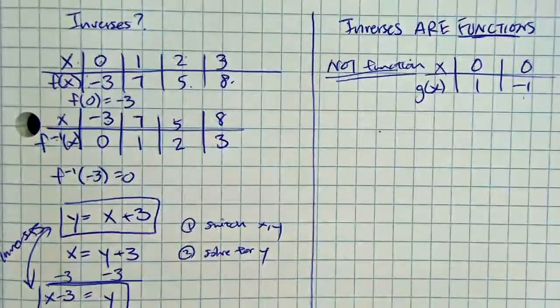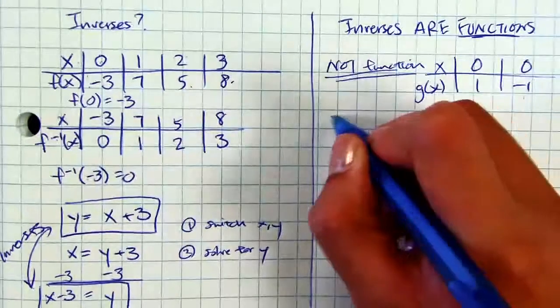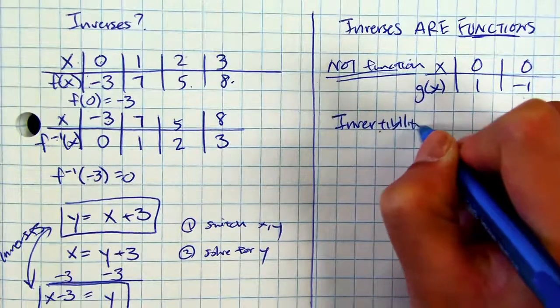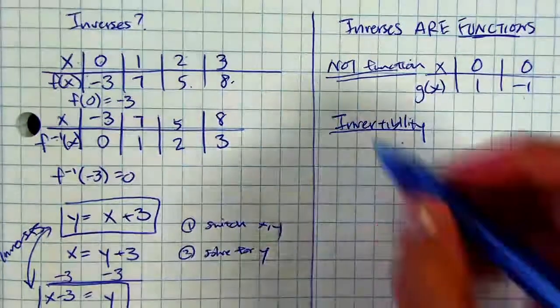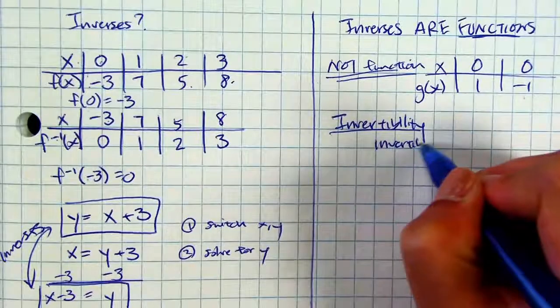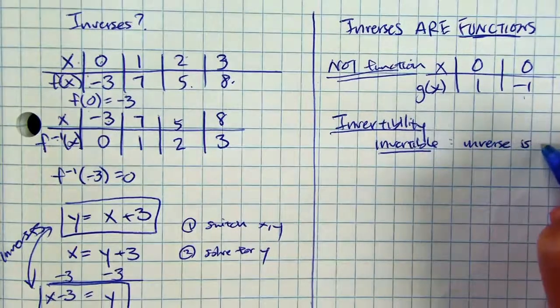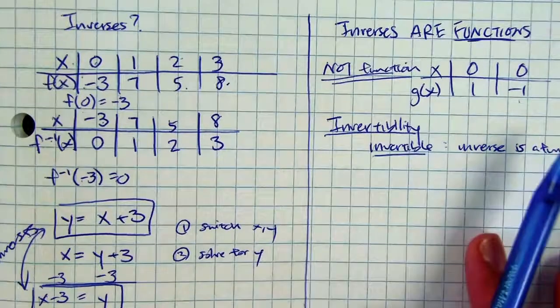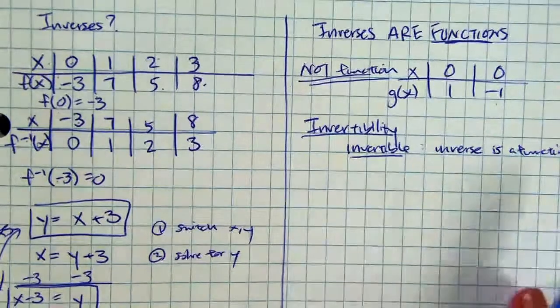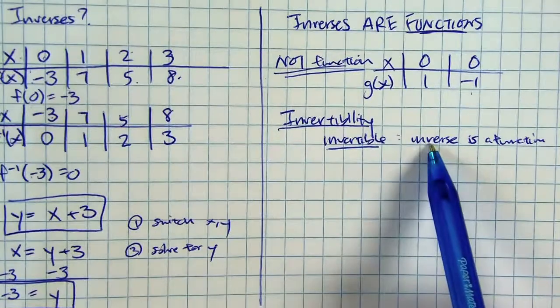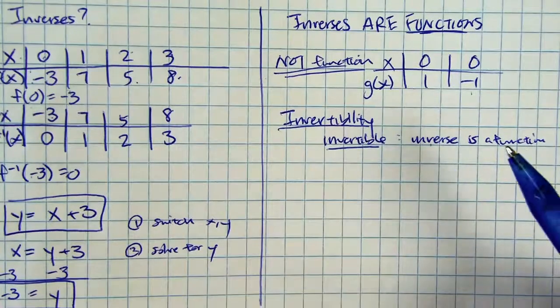Okay, so my question is now this invertibility. If a function is invertible, that means its inverse is a function. If it is not invertible, then its inverse is not a function. So how do you test if an inverse is a function or not? Well, one is you can find the inverse itself and then test whether or not it's a function, and that's by using the vertical line test.